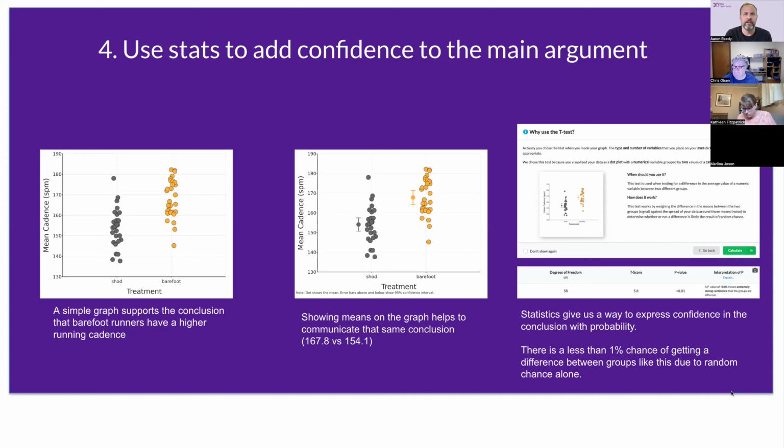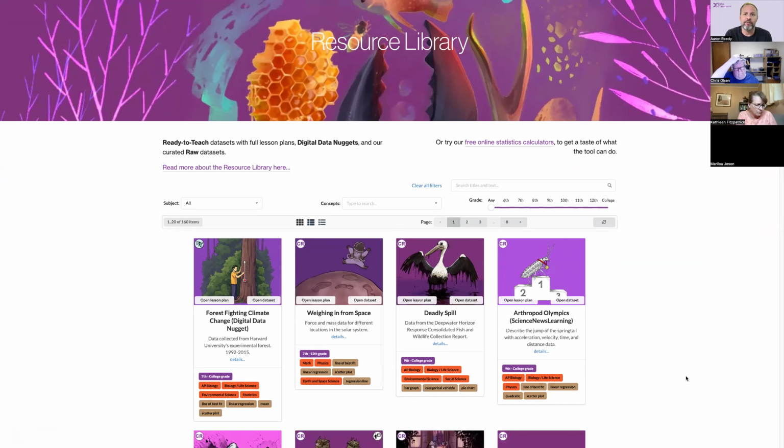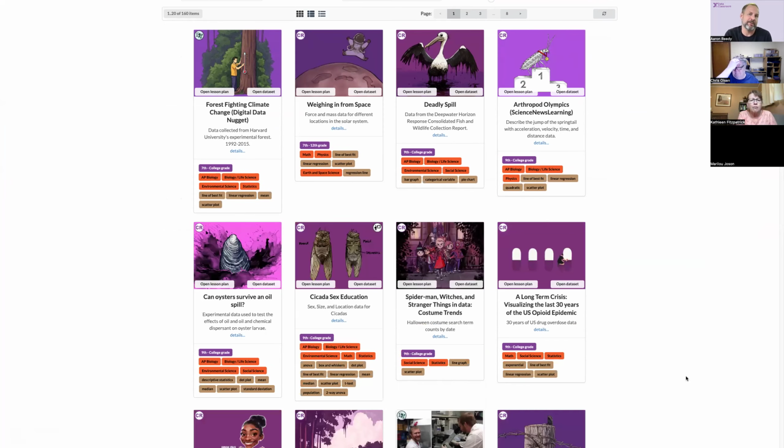I'm going to jump over to the Data Classroom resource library. There are all sorts of data sets that you can use for practice, with exercises students can work through in here.